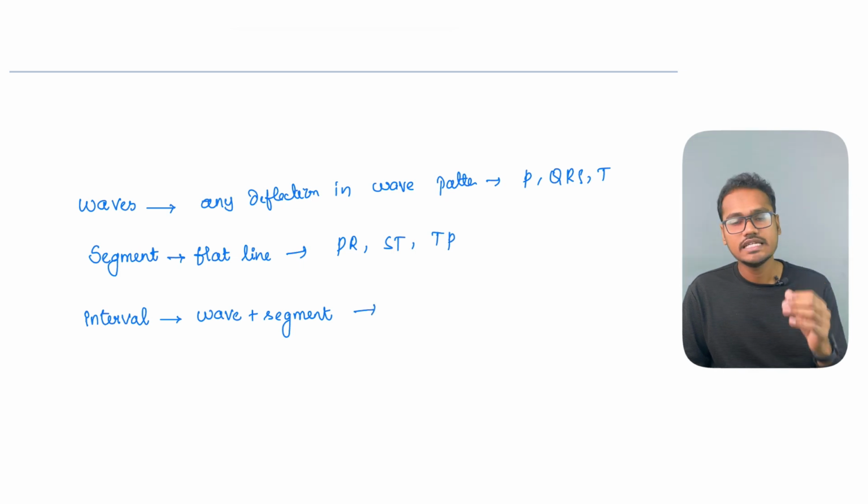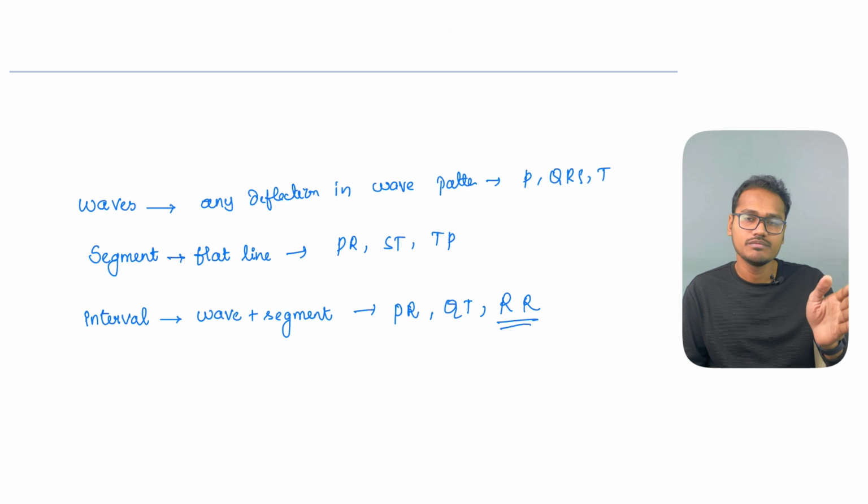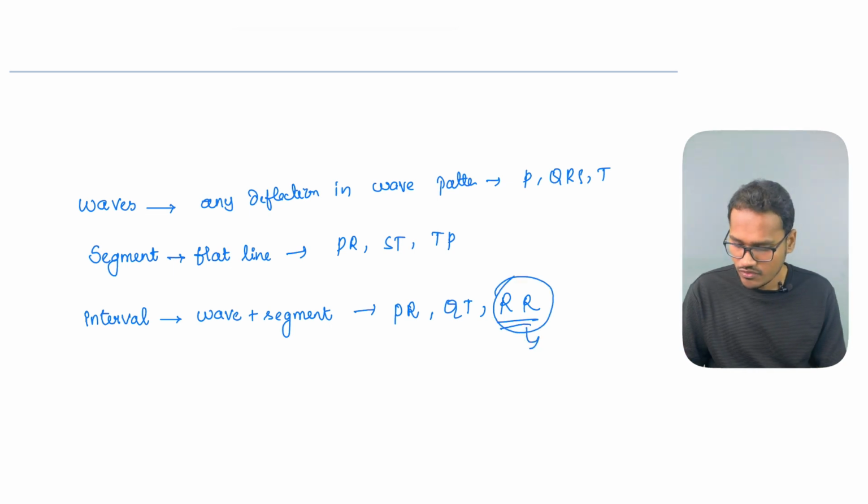Then intervals are those that have a wave as well as a segment component: the PR interval, the QT interval, and the RR interval. RR interval means going from one point to the same point in the next cycle, so it is an indicator of one heartbeat, or one cardiac cycle.